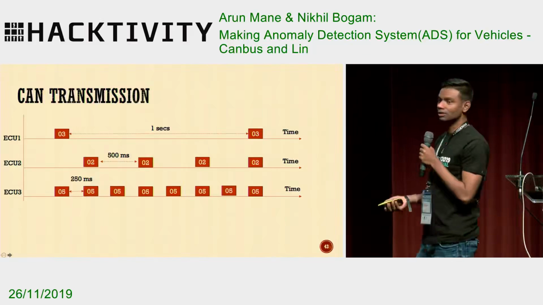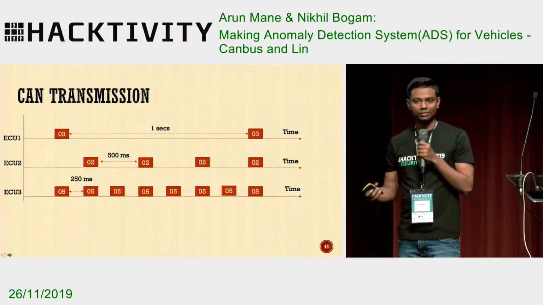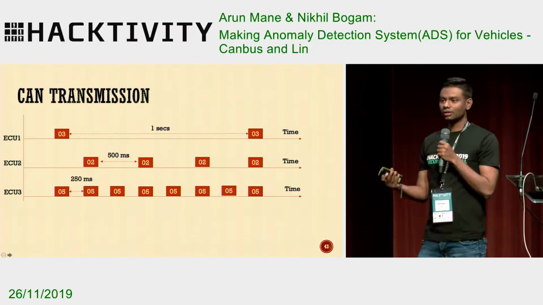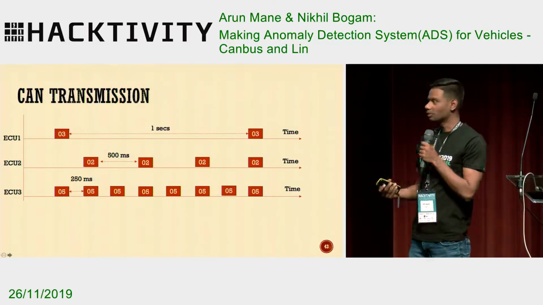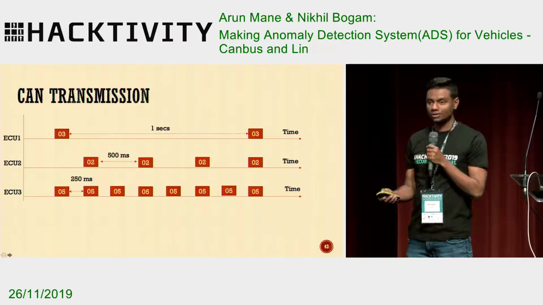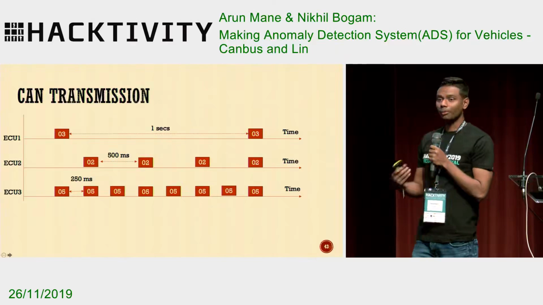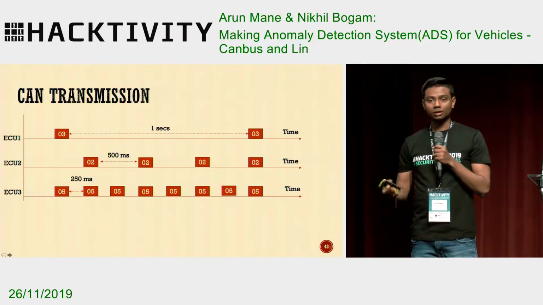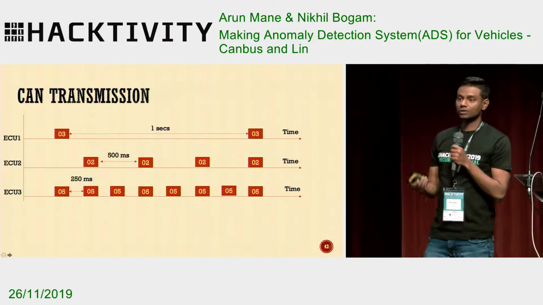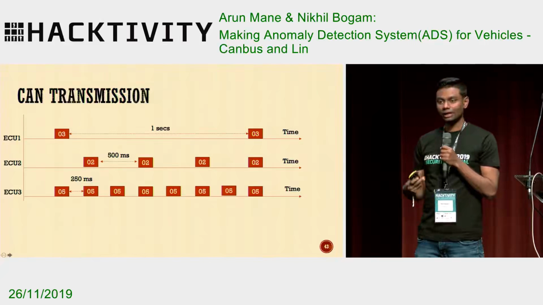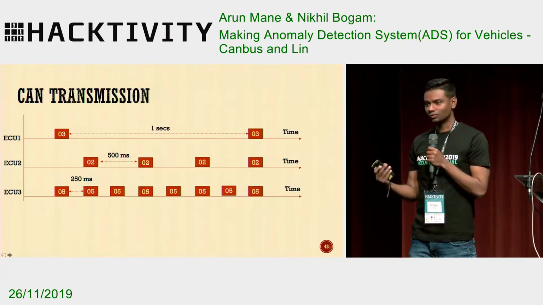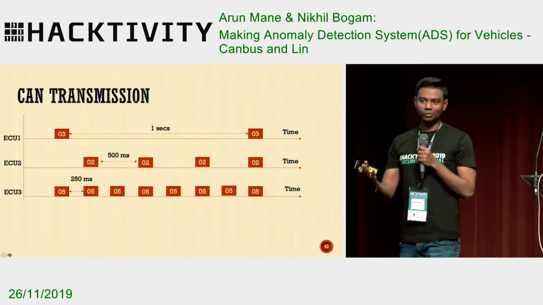ECUs, in the automotive world, we call them electronic control units. Any electronic control unit that has the capability to send CAN messages generally sends packets at some time interval. They don't generally send like an event bus. If you turn on the lights, at that time one packet is sent.